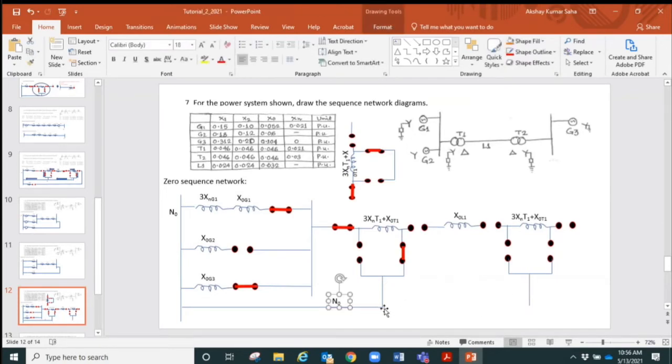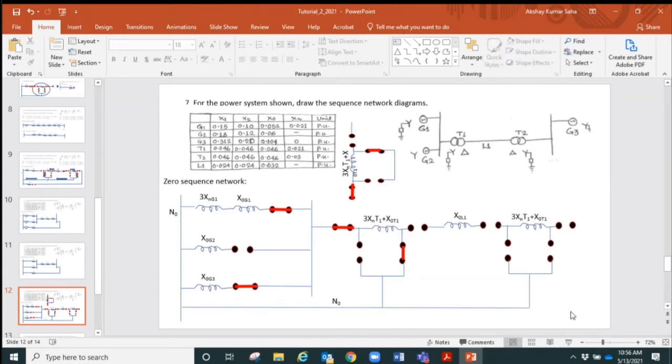So we extend this line, connect it to this transformer, and it's connected here. So that's the neutral bus connected to the transformer. So this one also has xn, but it's x0 of T2.